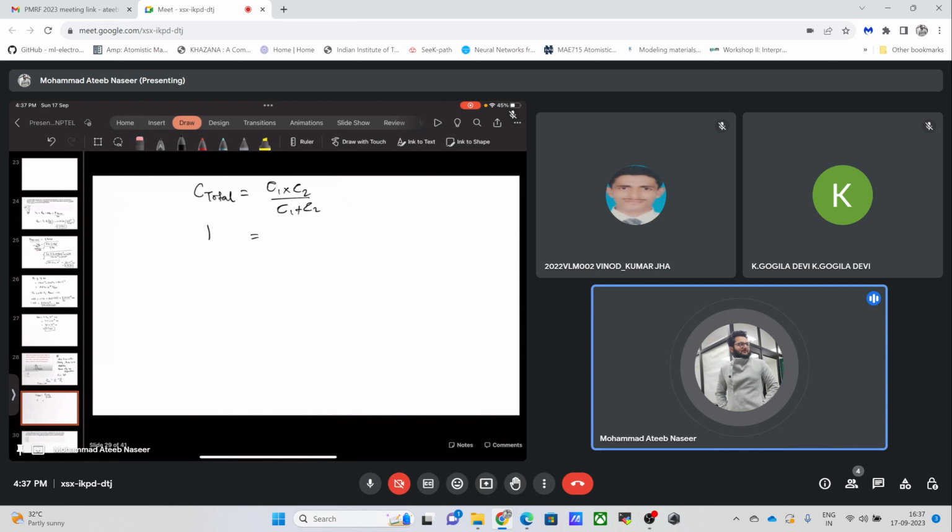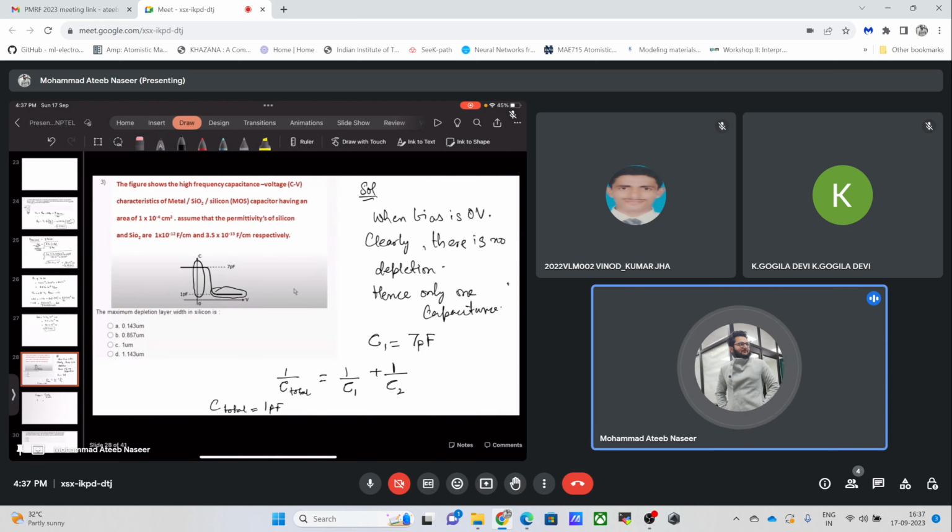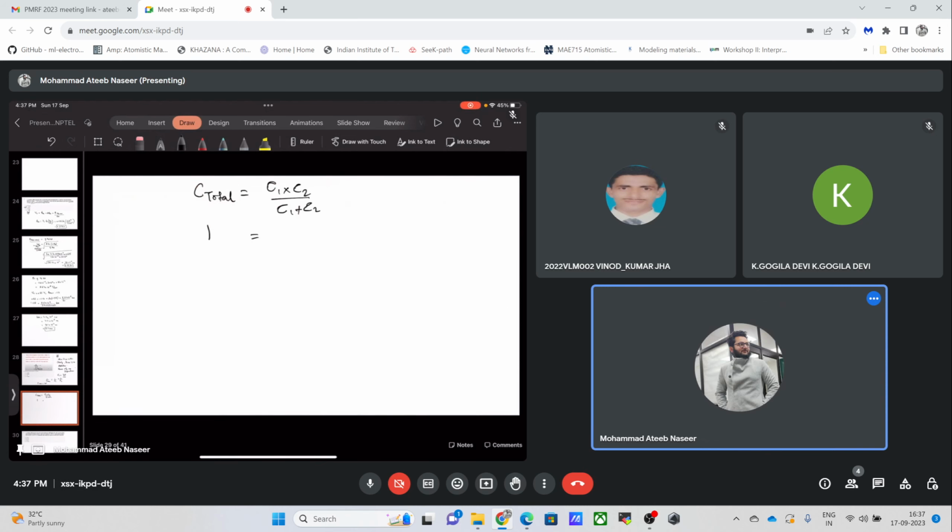C1 was equal to 7 picofarad, into C2 divided by C1 plus C2. So it is simply 7 plus C2 is equal to 7 C2, or 7 by 6 is equal to C2. So the value of this depletion capacitance is simply 7 by 6 picofarad.